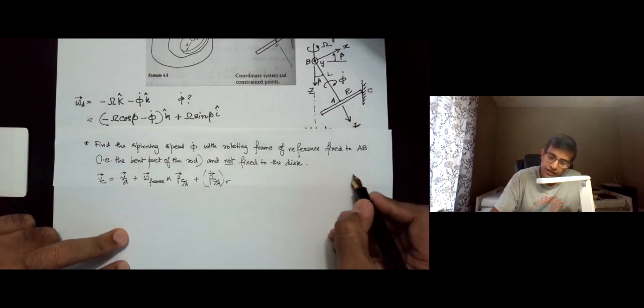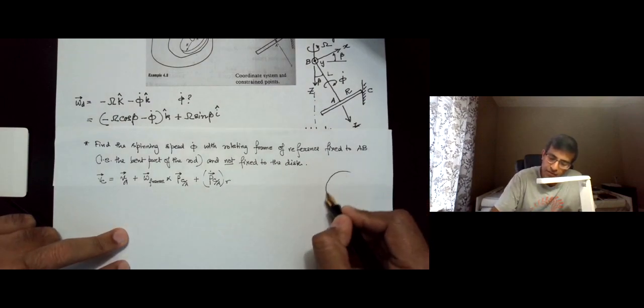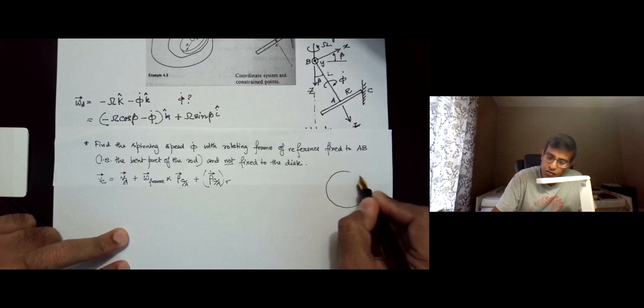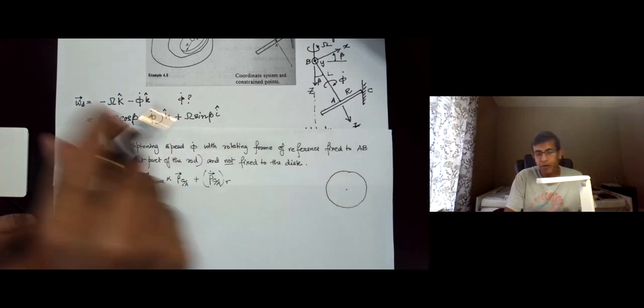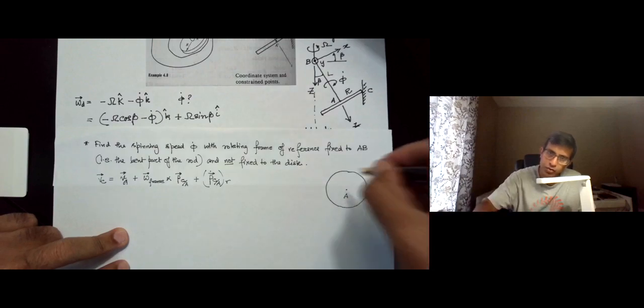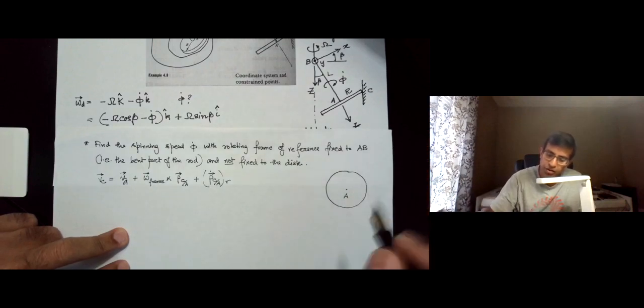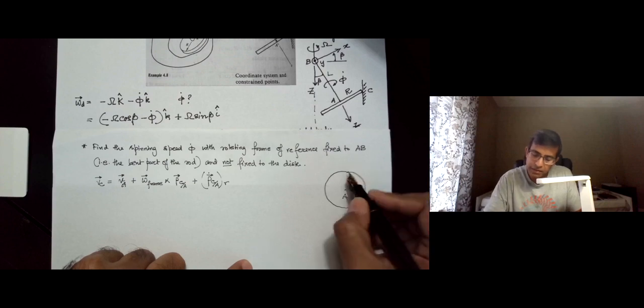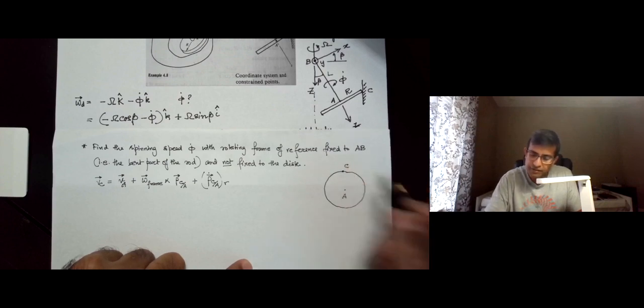Okay, now if you consider the rotating frame, imagine that you are looking from B towards A. So this is A and you are looking from B towards A. You are looking down on the disk, and imagine that C is over here.